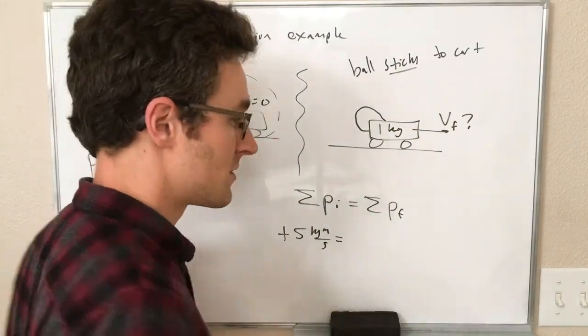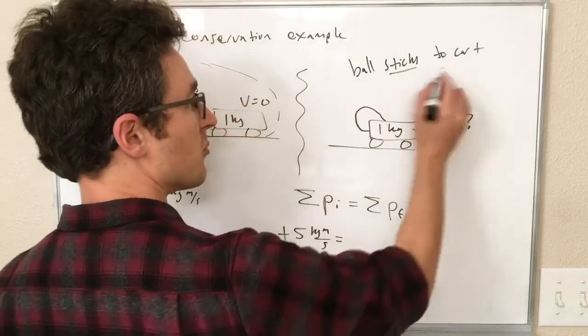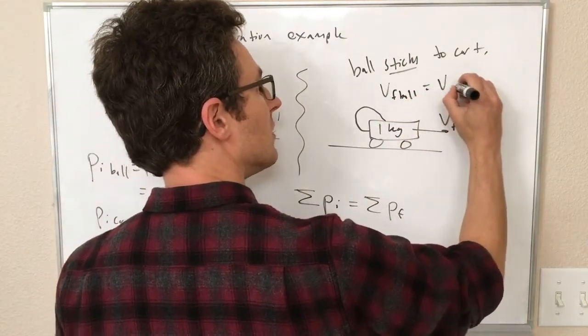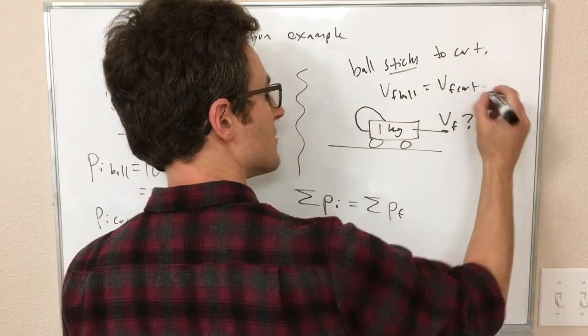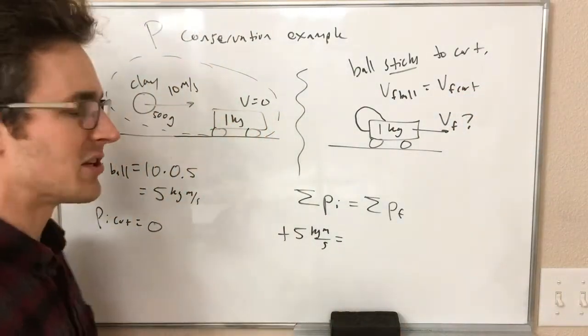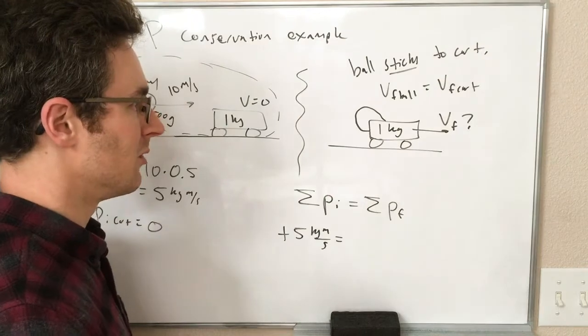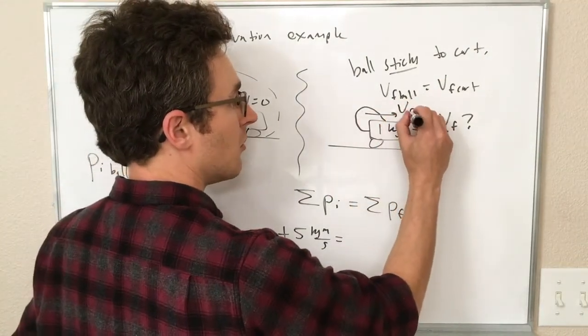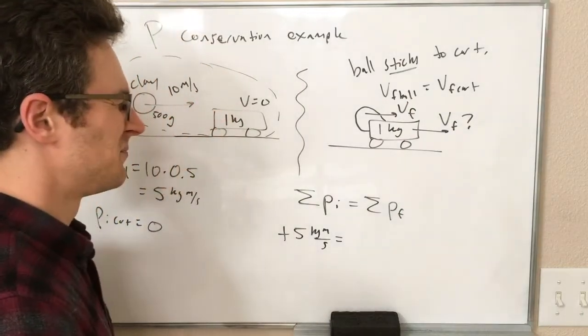That's what sticking together means here. So the ball sticks to the cart. That means v final ball equals v final cart. This is just kind of a common sense sort of thing. I don't really have a better argument for it than that. So these are both moving with the same final velocity.